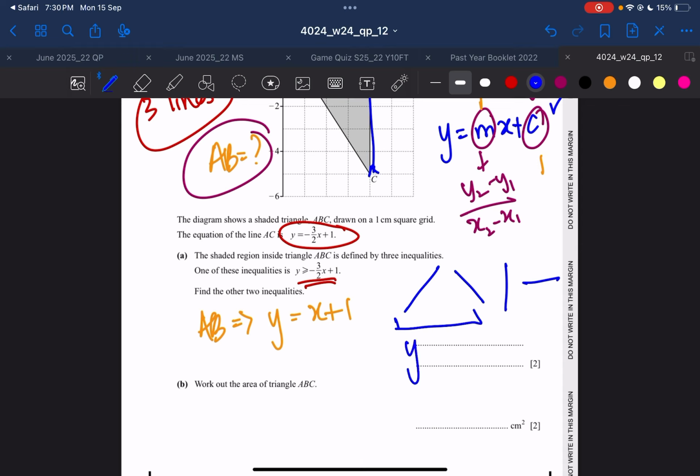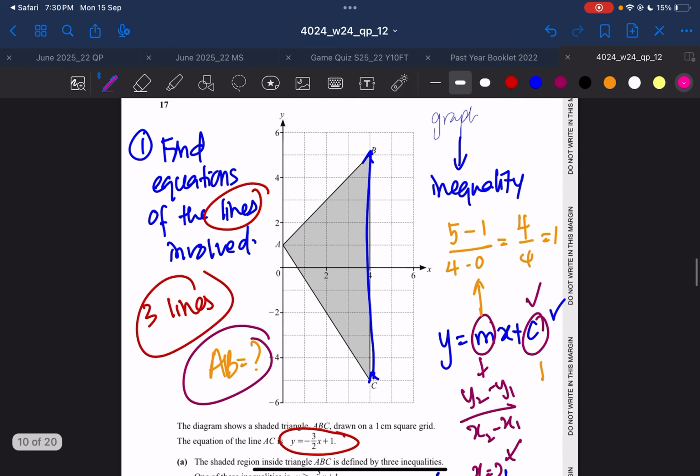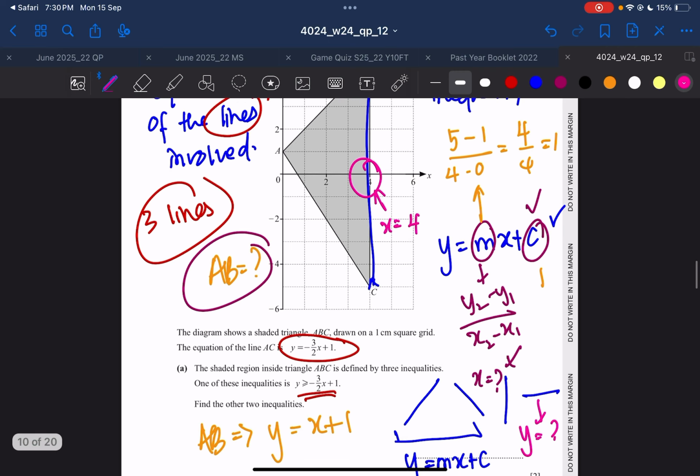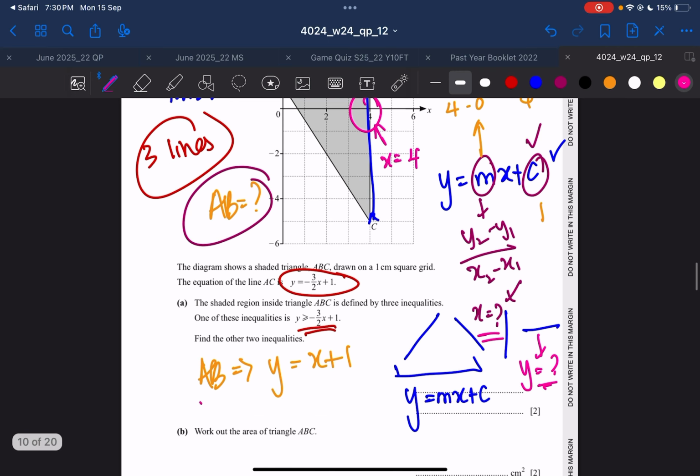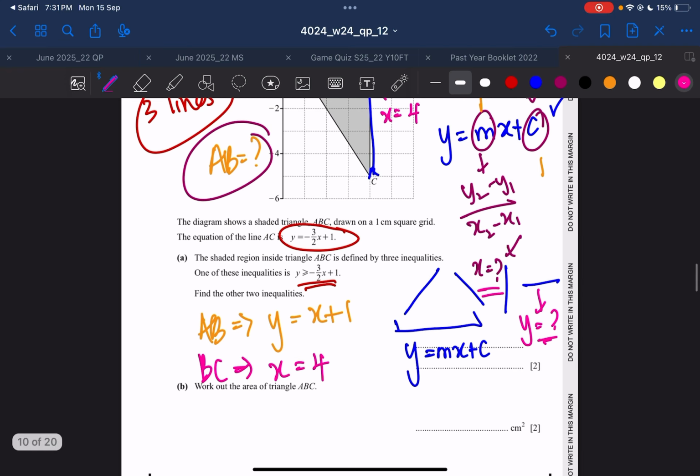For the ones that are steep or have a gradient, it's y equal to mx plus c. But if it's vertical, it should be x equals a number. And if it's horizontal, it means y equals a number. So in this case, our BC is a vertical line, so directly, as we can see, x equals 4. So you have to memorize this. Okay, so now we have BC equal to x equals 4.